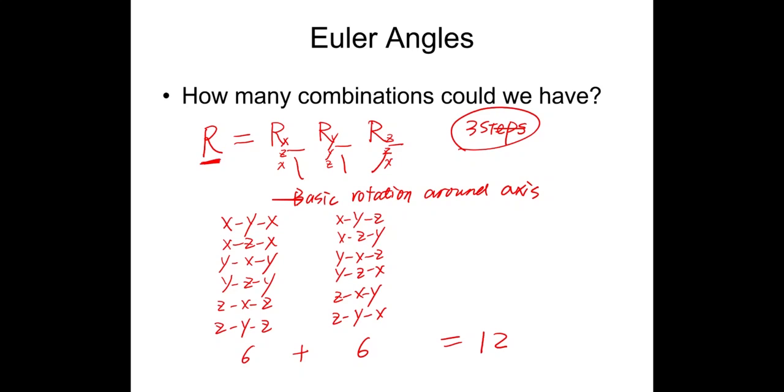So if we want to achieve a final orientation from an original position, which is frame 0, to whatever final orientation, although you're not really rotating around any axis, it can be considered as 3 steps of actions. Each step is a basic rotation around a current axis or a fixed axis; you can consider it as either.